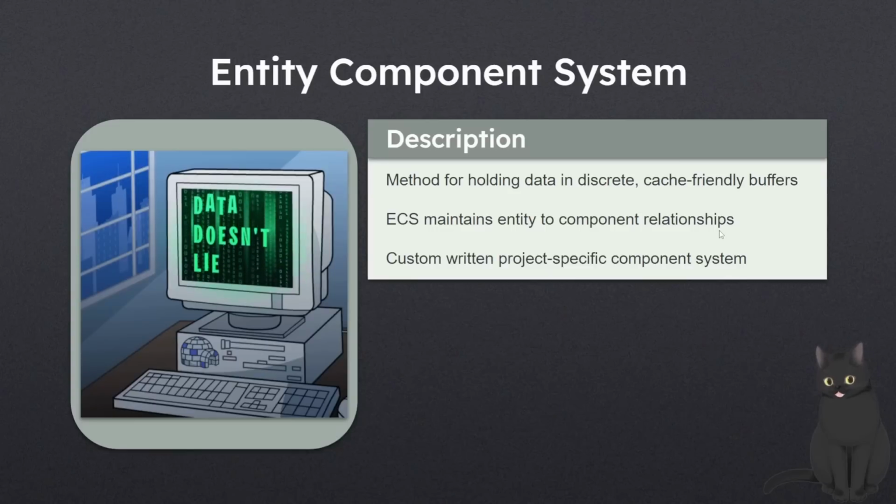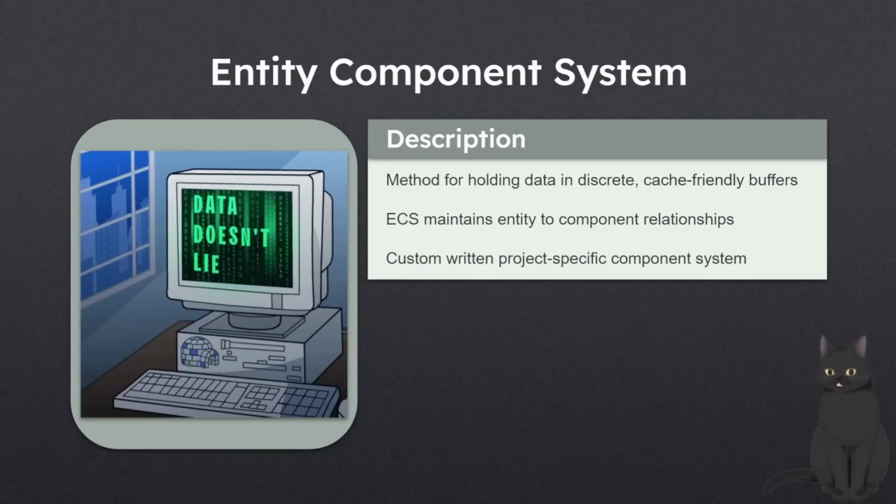So you have a one entity to many component relationship, and all of the individual components are held in discrete buffers. For example, a transform component that stores the location of a particular entity is stored contiguously together with other transform components in one big buffer. That helps with performance when you're looping through a bunch of entities at once.